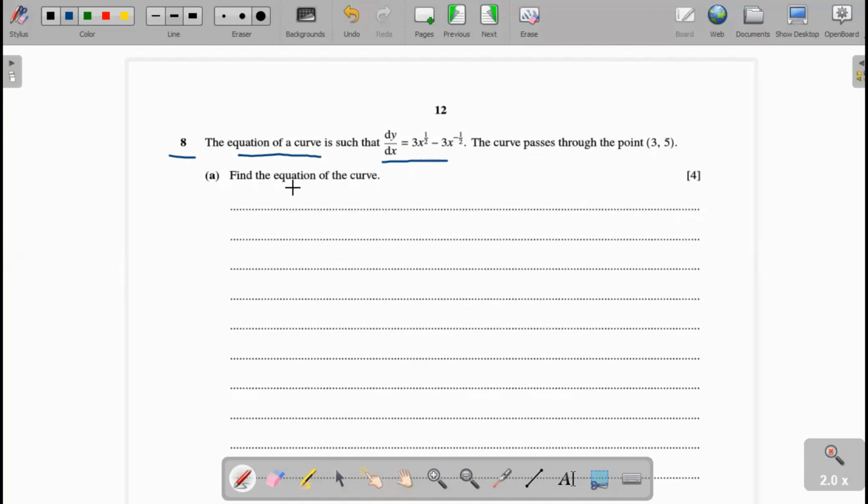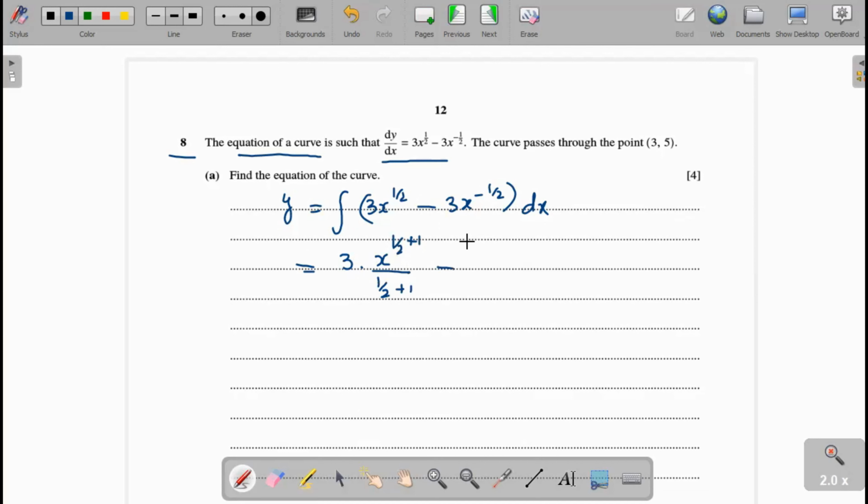Now integrate on both sides, we get y will be equal to the integral of 3x power 1 over 2 minus 3x power minus 1 over 2 dx. Now the integration of the first term: 3 is written as it is, then x power 1 over 2 plus 1 divided by 1 over 2 plus 1.